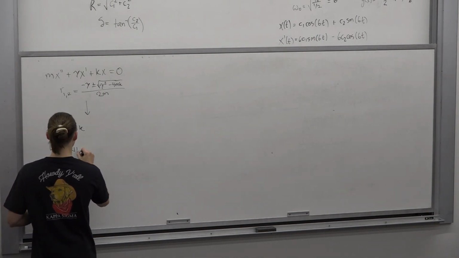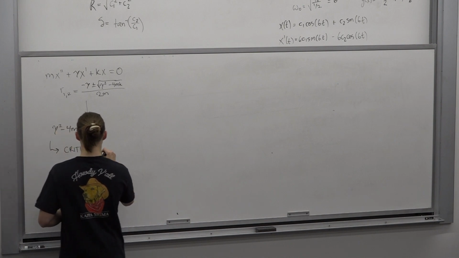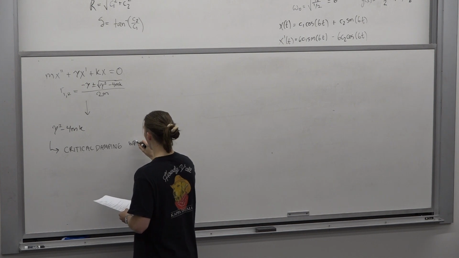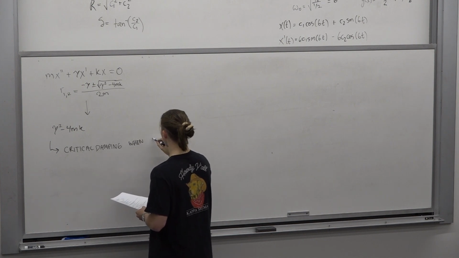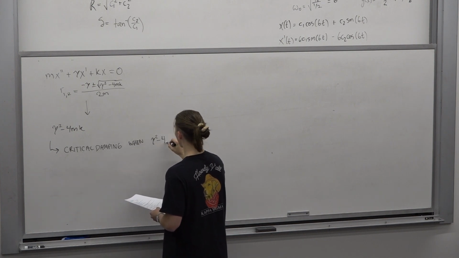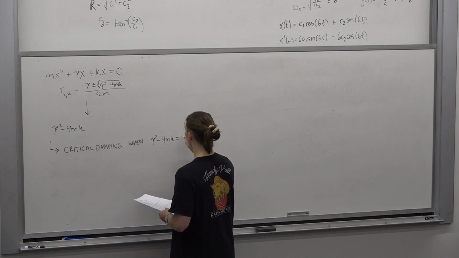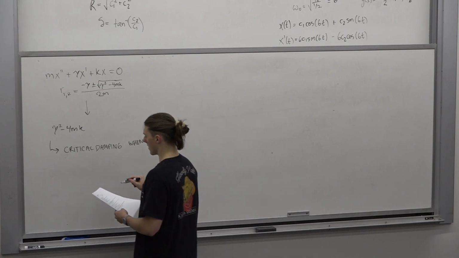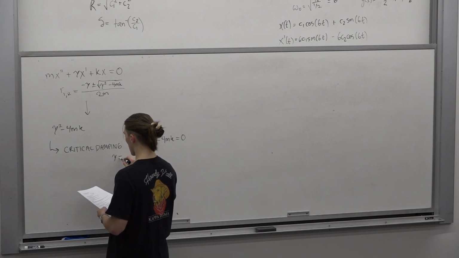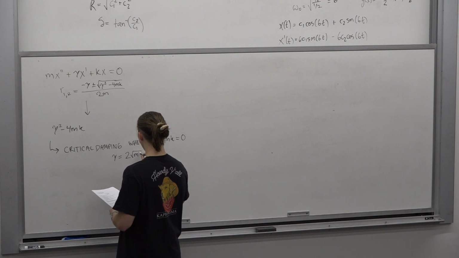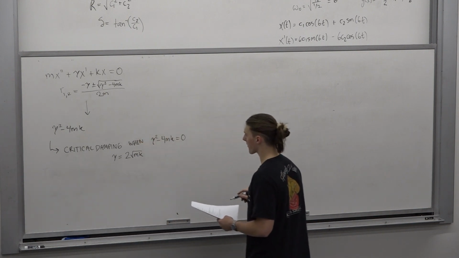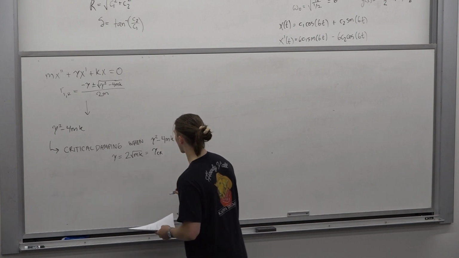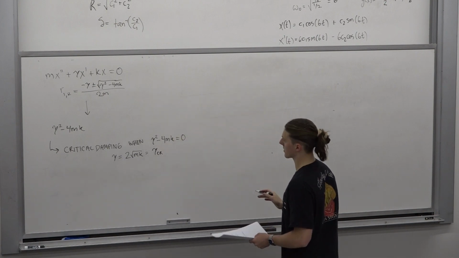We have critical damping, when this equation, gamma squared minus 4mk, equals 0. This happens when gamma equals 2 times the square root of mk. And this is our critical damping coefficient.